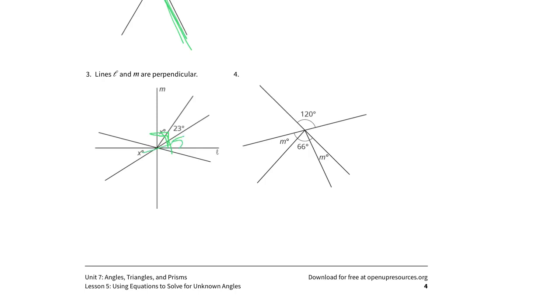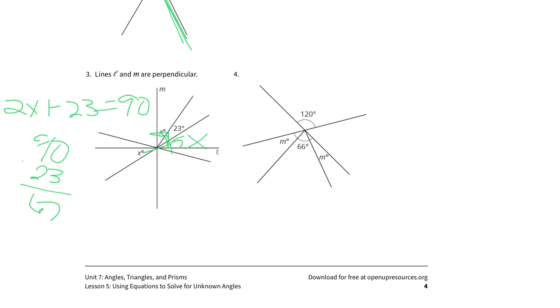So take an X, put it here. So I have 2 X's plus the 23 equals 90 degrees because it's that right angle, right? So if we go 90 minus 23, we get 67 degrees.